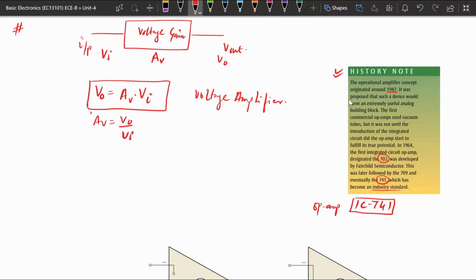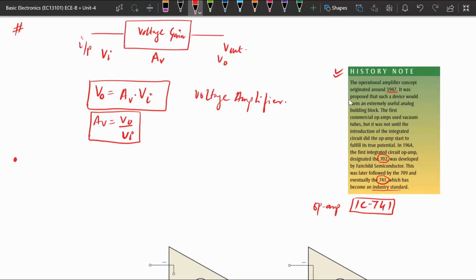From there we can conclude an operational amplifier is similar to a voltage gain amplifier, where the input voltage changes the output voltage. This voltage amplifier circuit controls the output based on the input voltage.